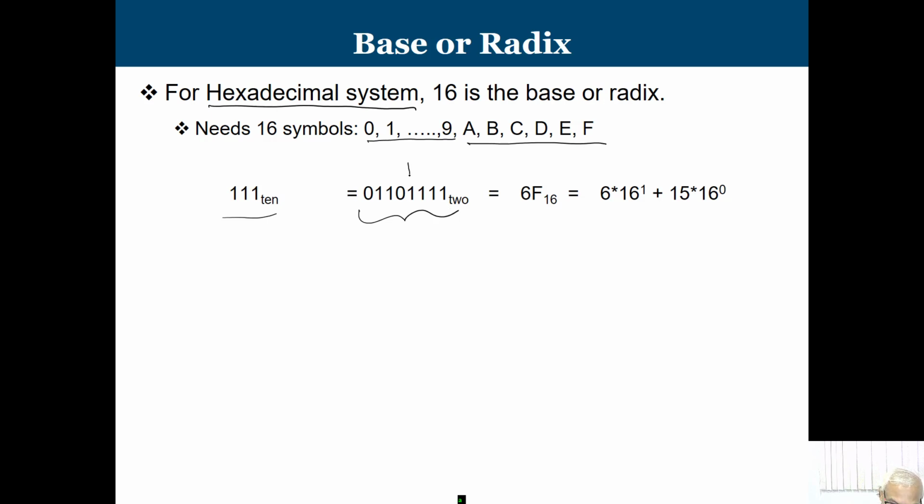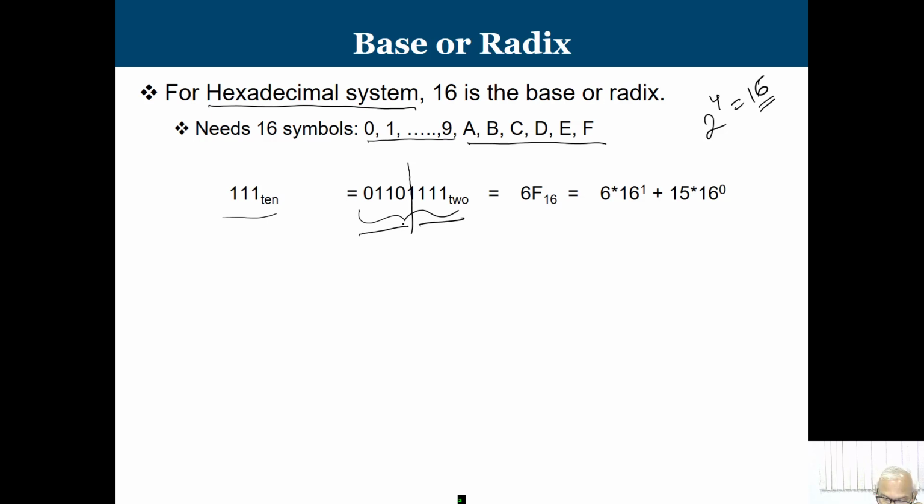We can divide it into 2 parts, because to represent one hexadecimal digit we need 4 bits of information, because 2 to the power 4 is equal to 16. We have to represent 16 different symbols. So with the help of 4 bits we can represent one hexadecimal digit. This 4-bit group is one hexadecimal digit and this is another.